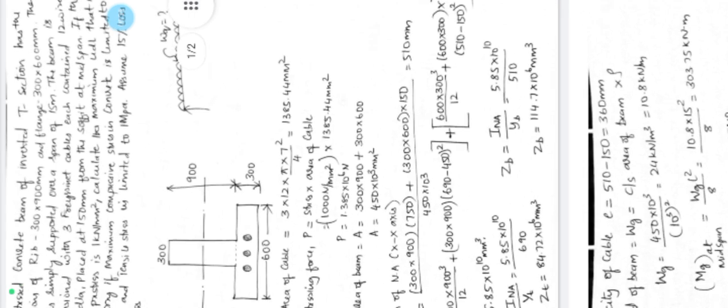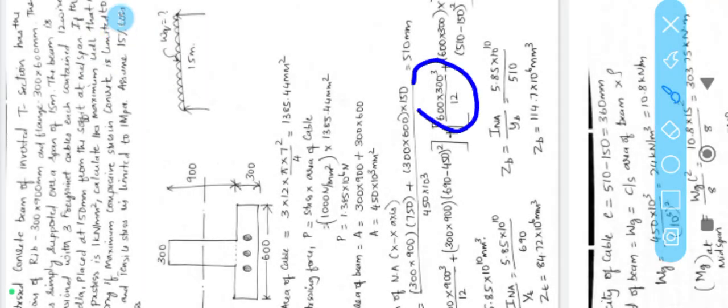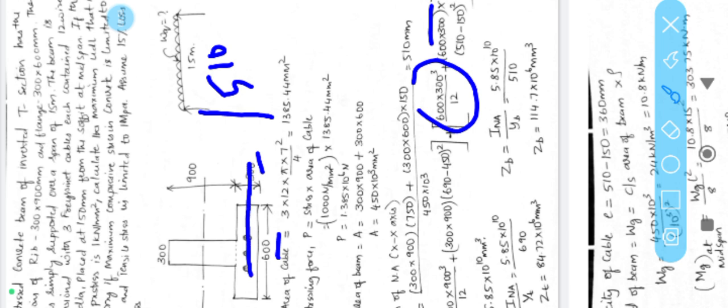Firstly we have taken the moment of inertia of the flanged portion. The moment of inertia of the rectangle section is again BD cube by 12. B is 600, D is 300, so 600 into 300 cube by 12, plus area 300 into 600, plus the distance 510 minus 150, that is the distance between the centroid of the flange portion and the centroidal axis of the flanged section. 150 is nothing but 300 by 2.